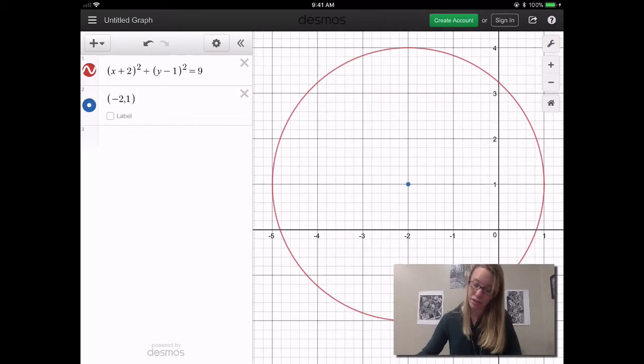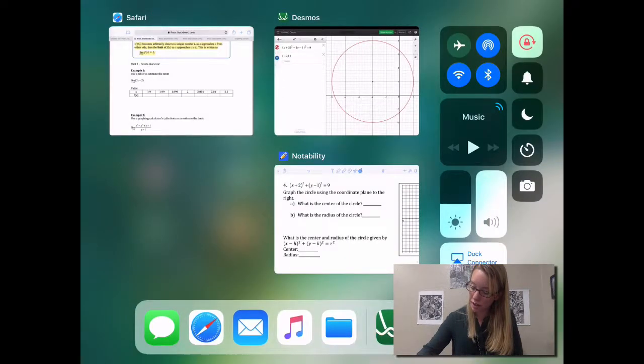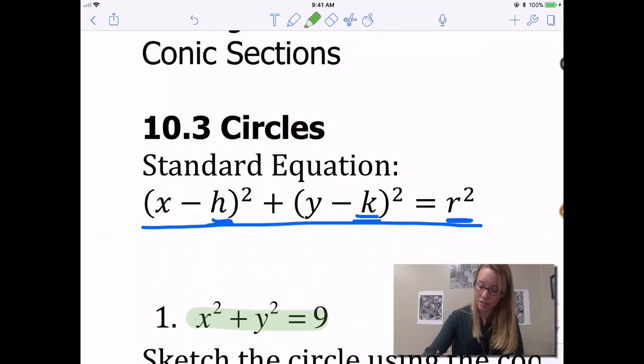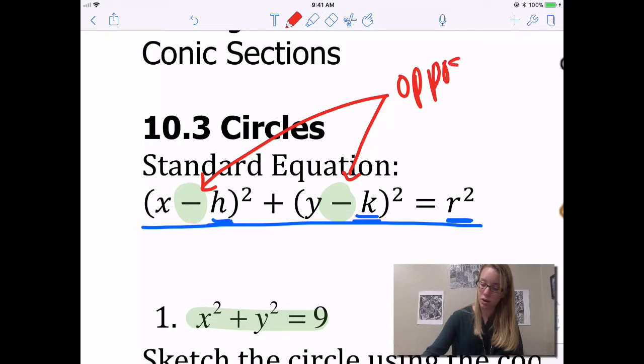So notice what's happened. I've got the -2 in the x, so I've got x plus 2, and then I have the 1 with the y minus 1, and my center value is a 1. If you go back to the very original equation of a circle, I've got these negatives, x minus h, y minus k. Remember that when you have a negative in the equation, we have to go opposite for our actual point.